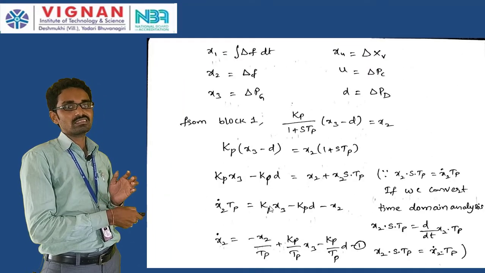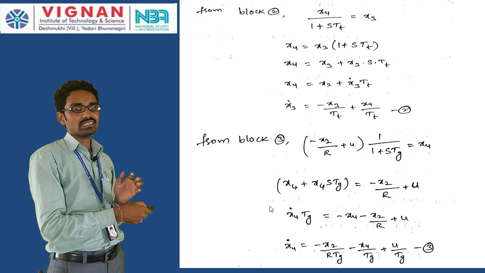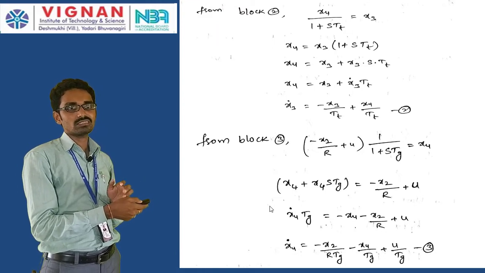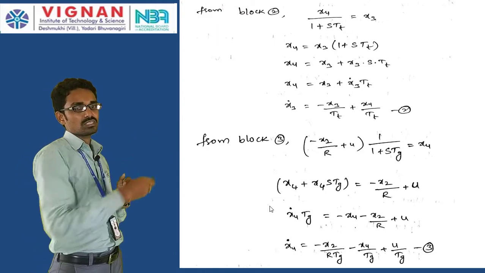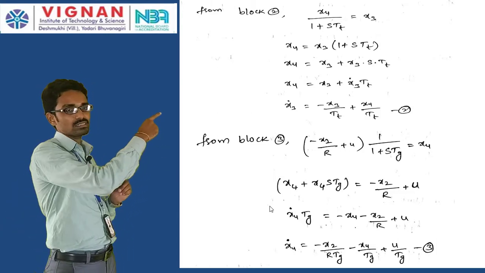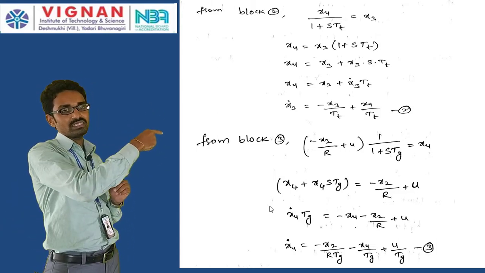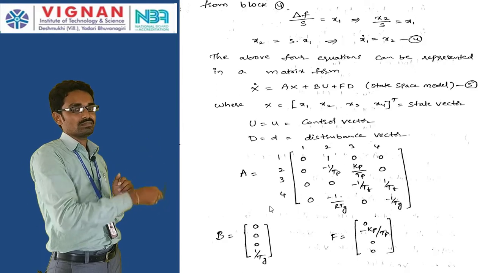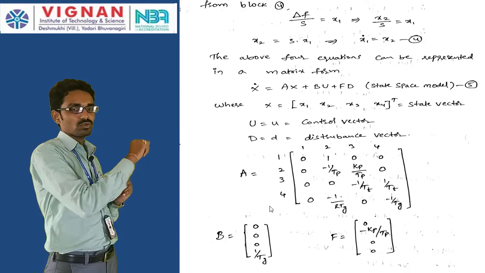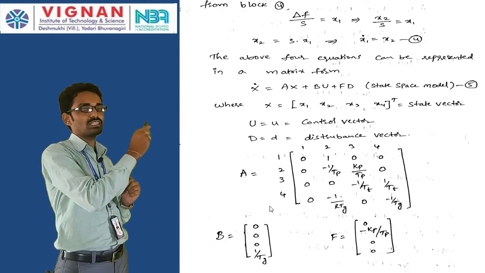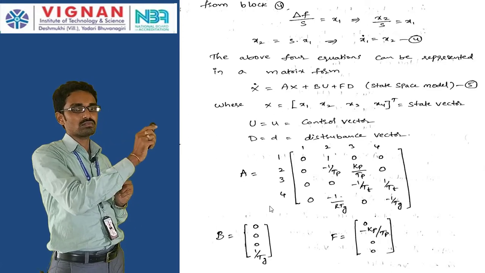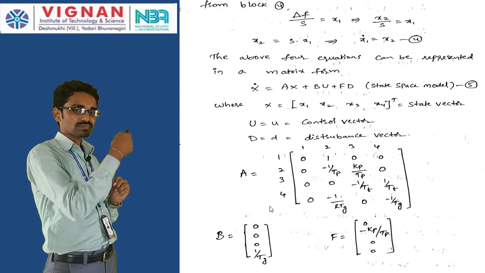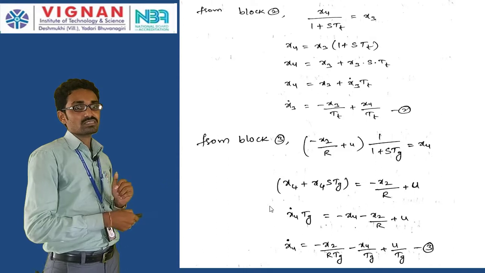Like that, let us consider the x3 equation. Equation 2 is the x3 equation, that is x3 dot is equal to minus x3 by tt plus x4 by tt. So in the place of 3 and 4 you have values, and in the place of 1 and 2 you do not have any values in the third row, so those are zeros. Then x4.